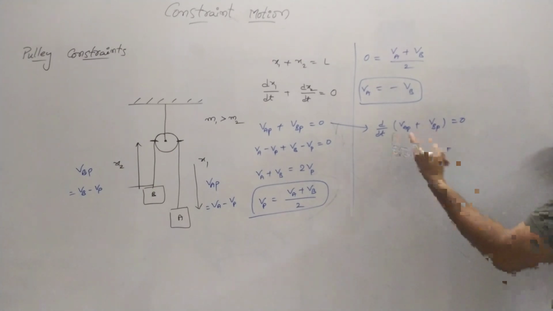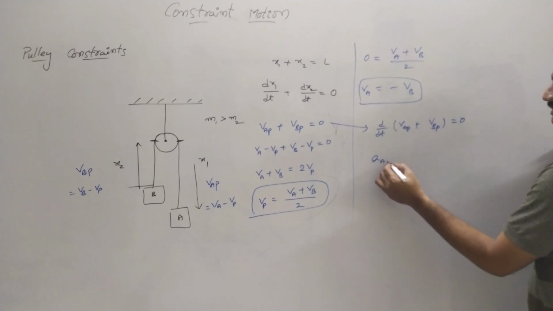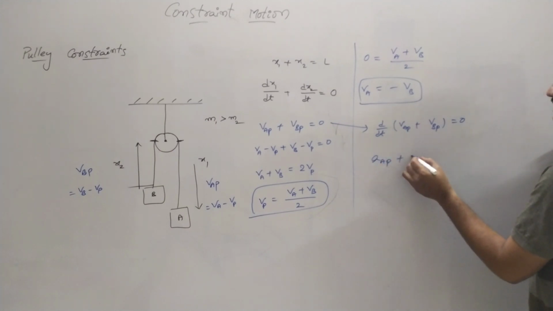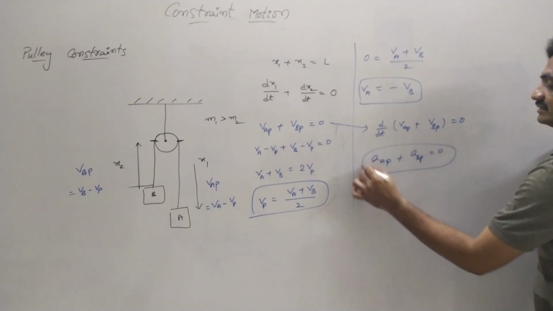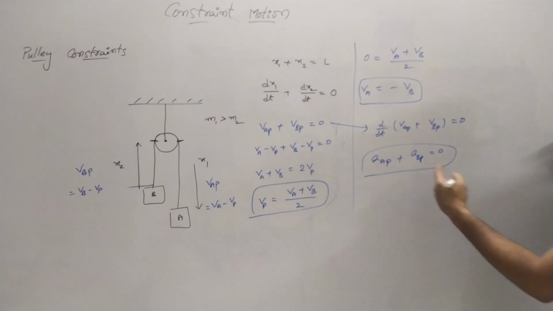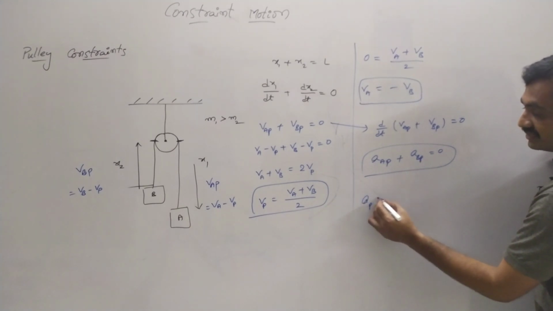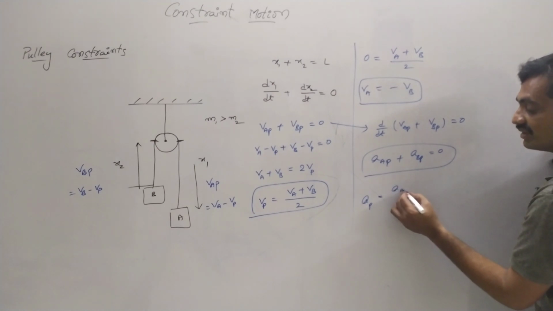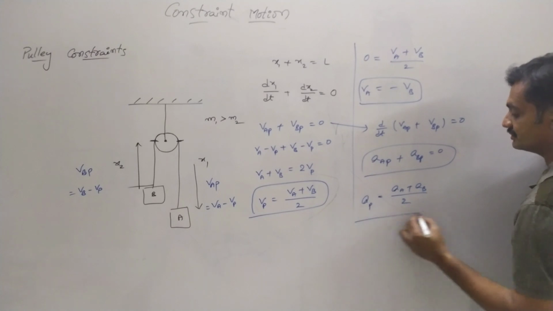The differentiation of velocity is nothing but acceleration: the acceleration of block A with respect to the pulley, as well as the acceleration of block B with respect to the pulley. So we can also represent the acceleration. Based on this, the acceleration of the pulley is equal to the acceleration of block A plus the acceleration of block B, by 2.